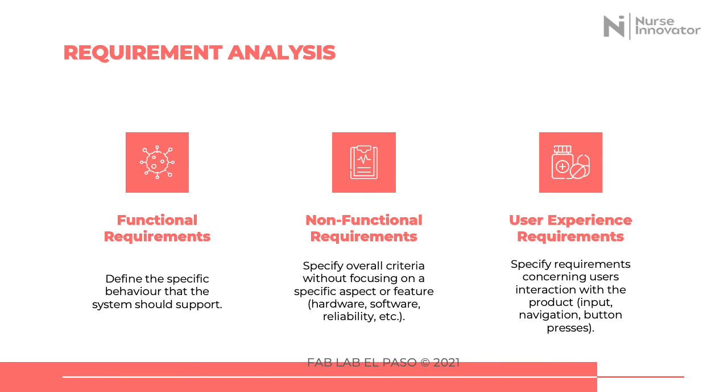Some examples include hardware, software, reliability, etc. User experience requirements point to specific requirements that concern users who will be interacting with the system or product. Examples include interface, input, navigation, button presses, clicks, and more.